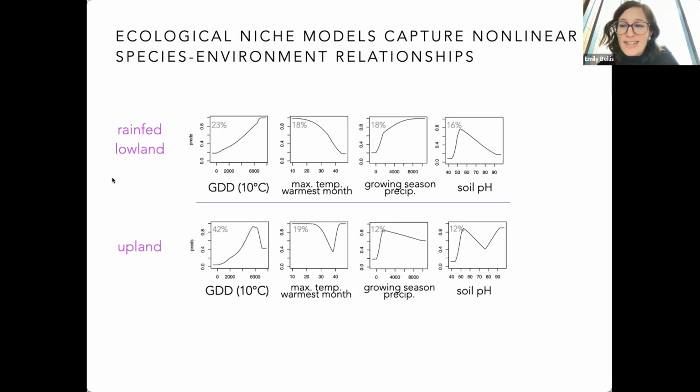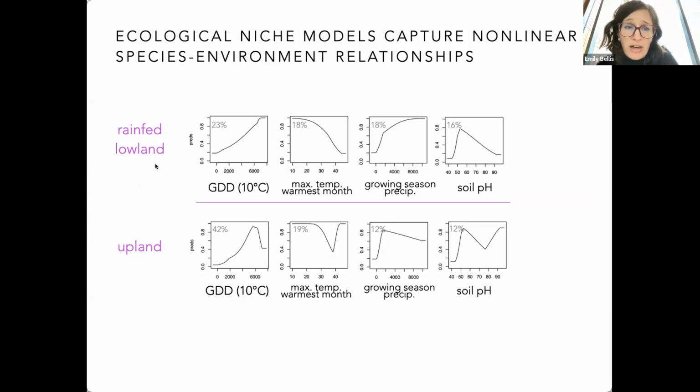The reason for this is because these environmental niche models or ecological niche models do a really good job of capturing nonlinear relationships between species presence and environment, and also in weighting those variables appropriately. So that's in contrast to many other multivariate approaches for genotype environment association analyses.